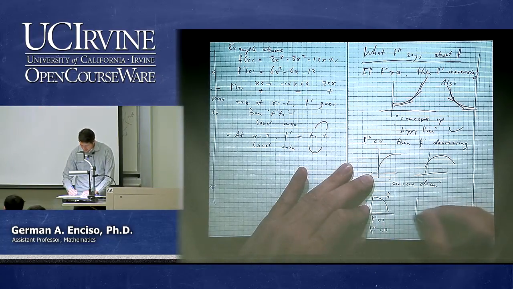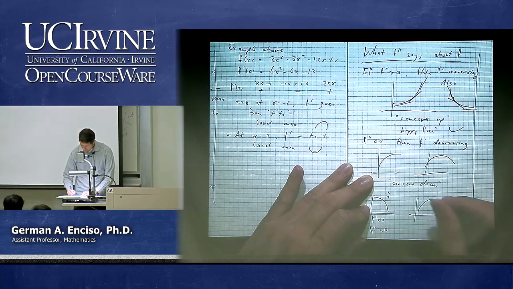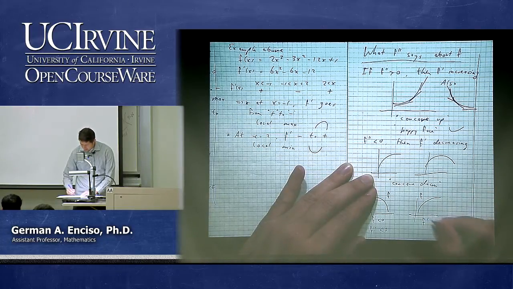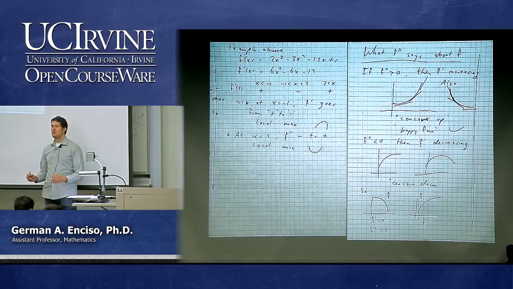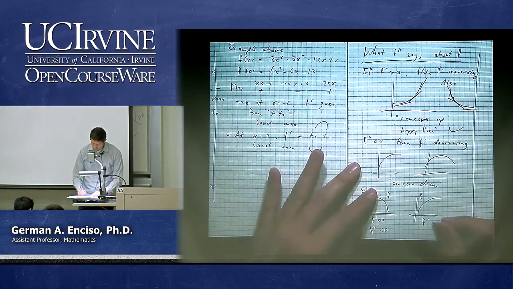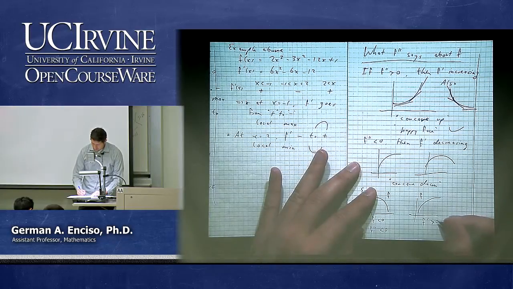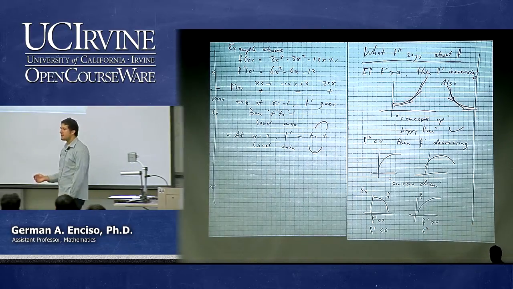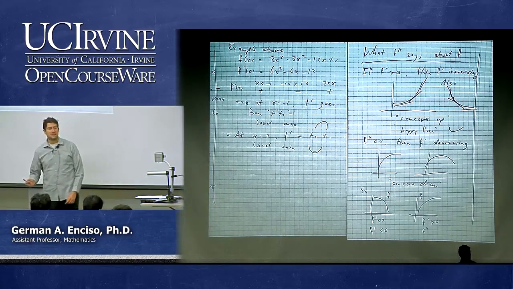Let's do this one. If this is what f looks like, then I know that f prime is positive or negative? Positive, because it's increasing, right? What about the second derivative? It's still a sad face, right?